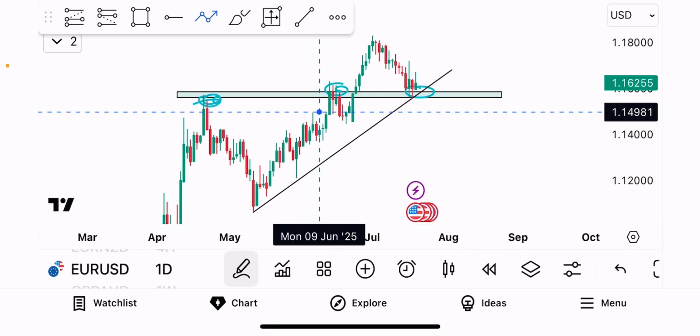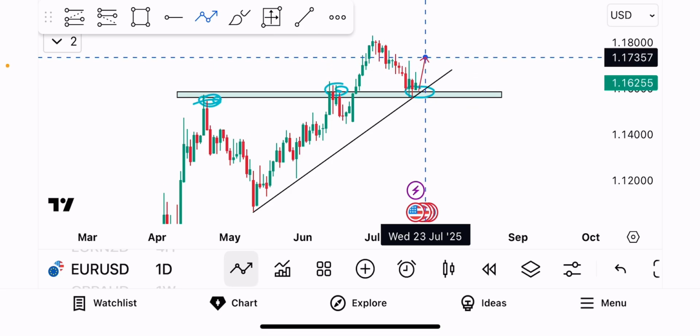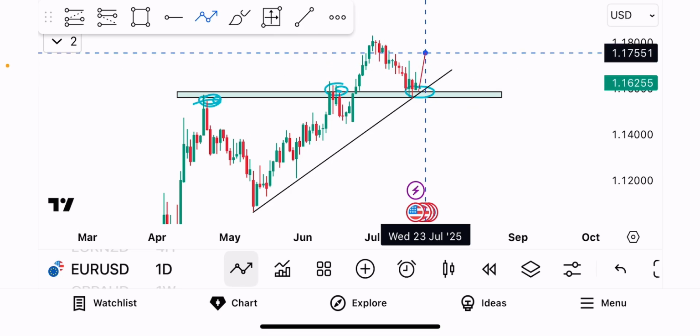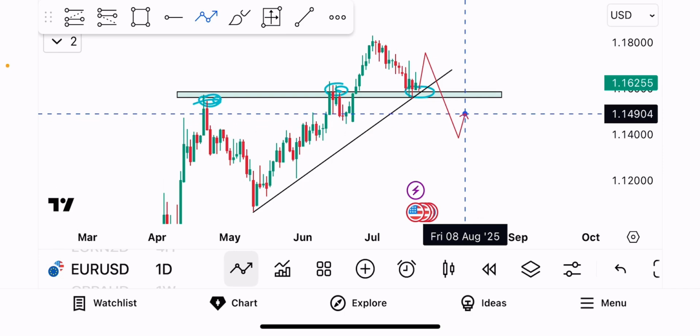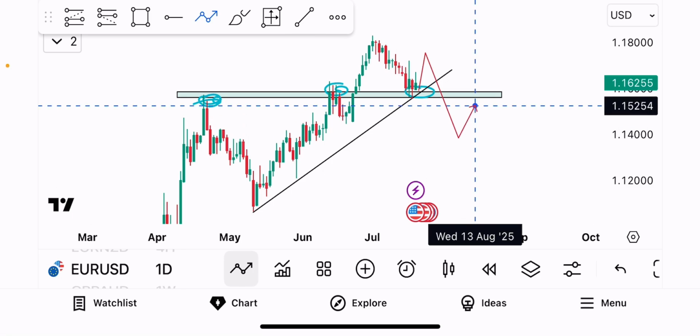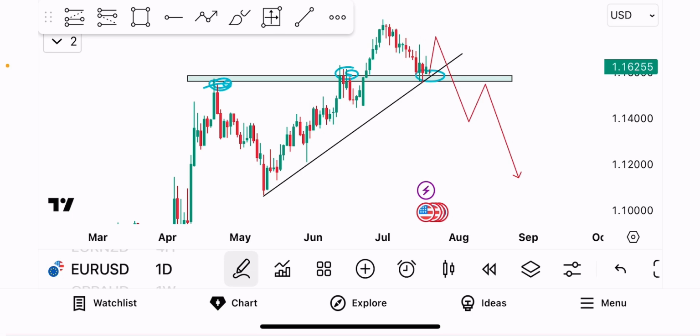So we are likely going to see price remain above the key level if we don't get a break below the two price zones. If we get a break below the two price levels, we can comfortably short the market like this. So I anticipate a break below the key level and the trend line for us to be able to sell this asset.